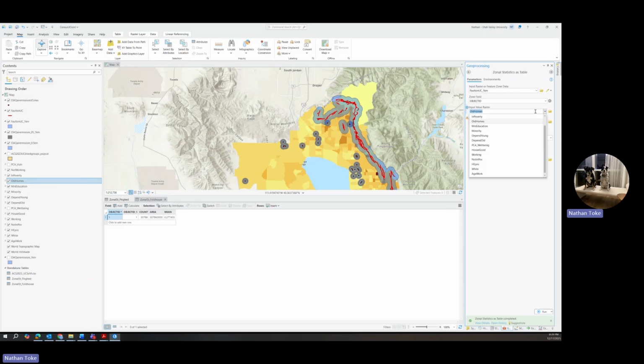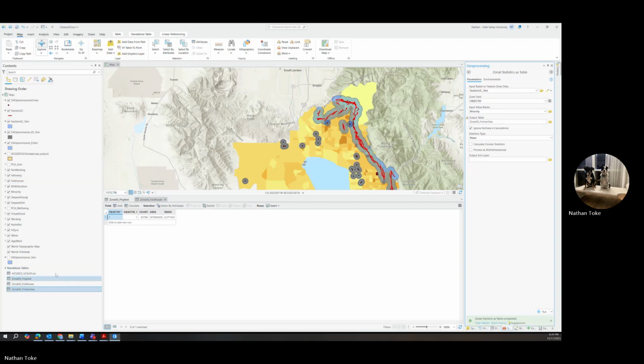Let's try for the overall. Well, let's look at minority actually. So faults and minorities. Let's see what that looks like. So 18% of people are minorities within those fault areas.